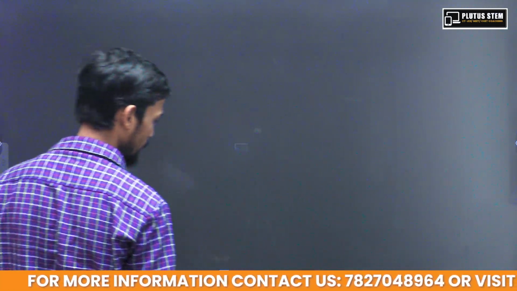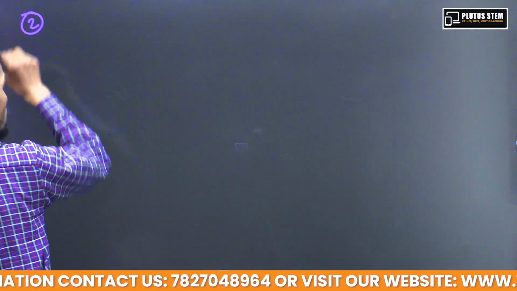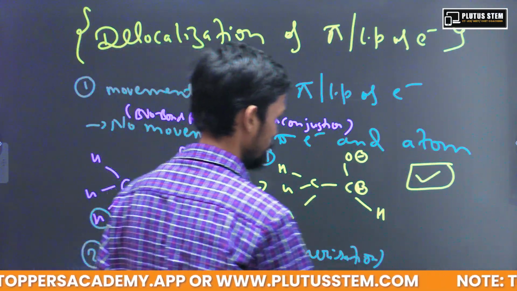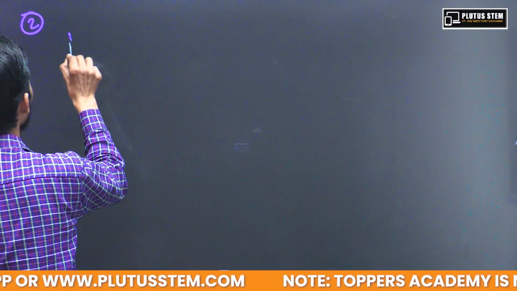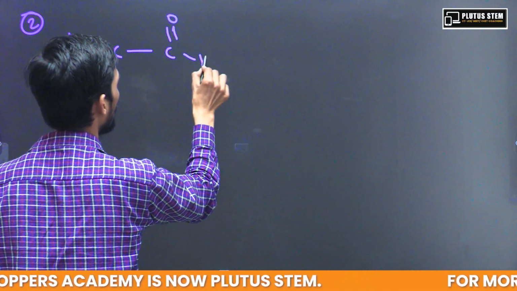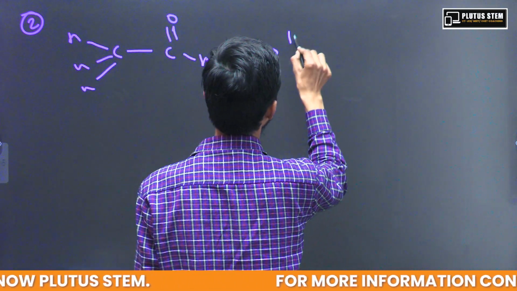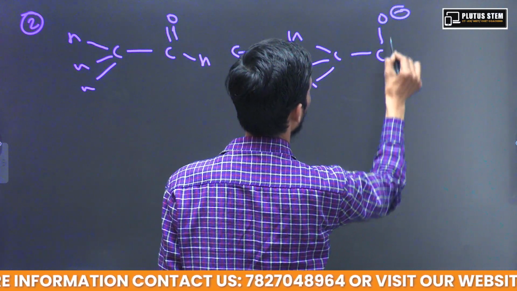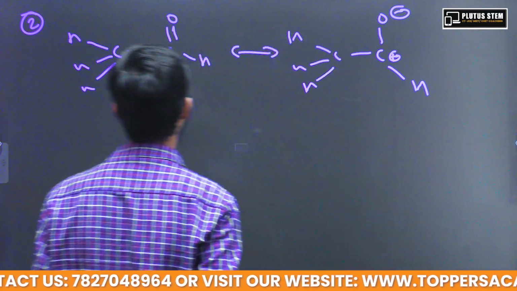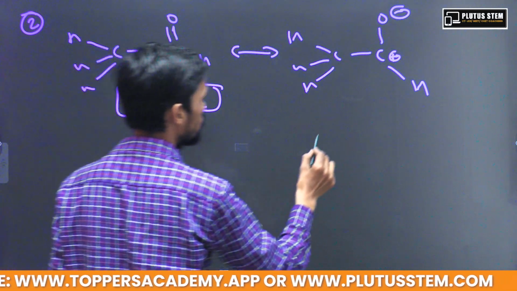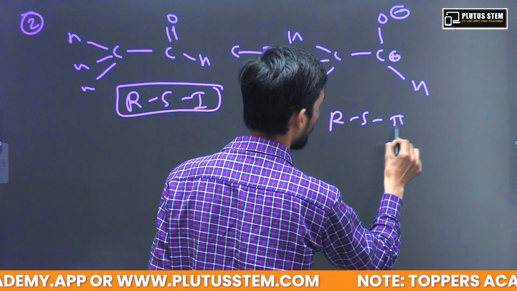The second important thing regarding these resonance structures is, in this structure, if you see, this is resonating structure 1 and this one is resonating structure 2.